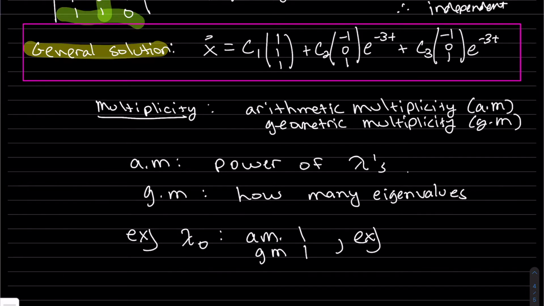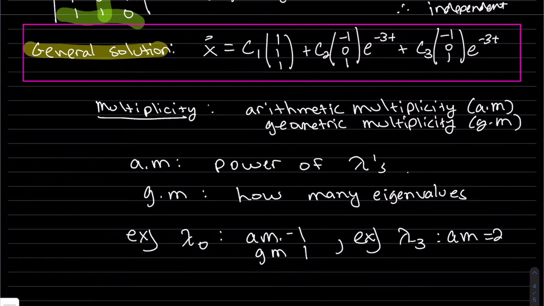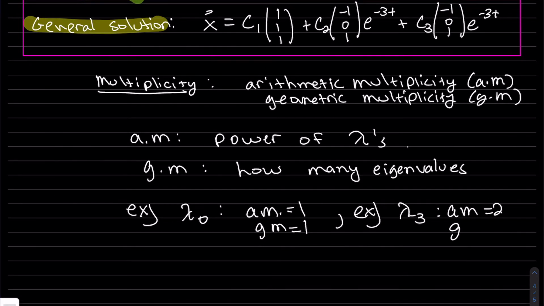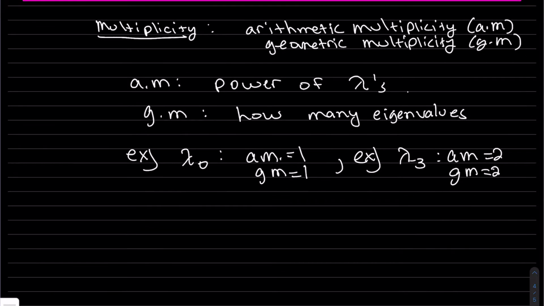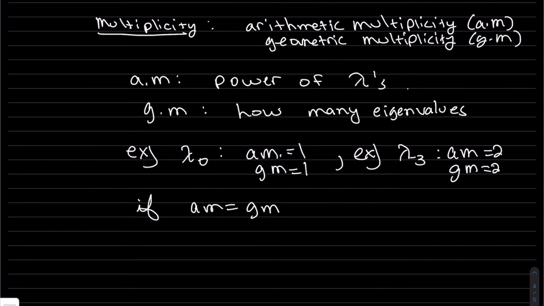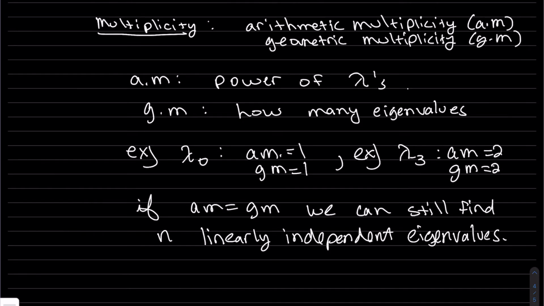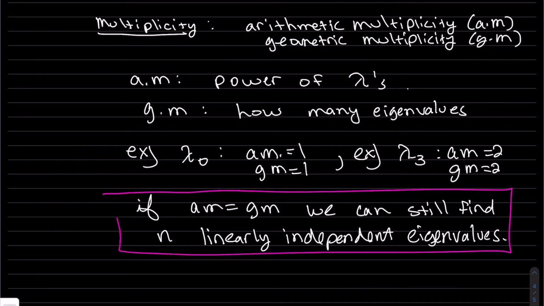Our second one, lambda minus 3, the AM, we got 2, and we got out of that 2. So they're both 2 there. And we saw if AM equals GM, we can still find n linearly independent eigenvectors. It's not a problem. That's just the example we just did.